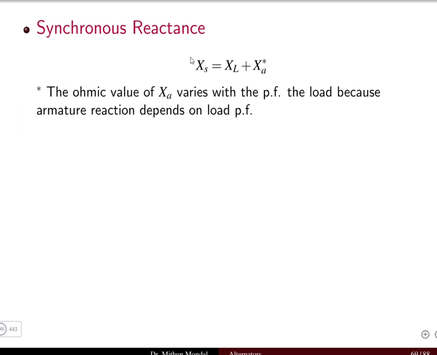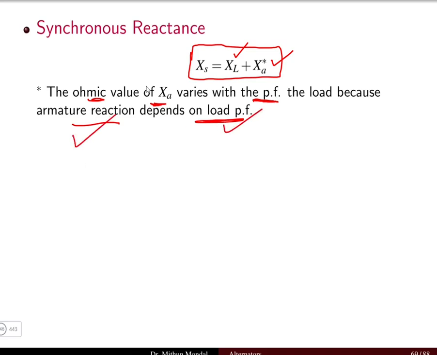So we have seen in the vector diagram that the synchronous reactance is basically the sum of the leakage reactance and the armature reactance. Whereas the armature reactance, the ohmic value, varies with the power factor of the load, because armature reaction depends on the load power factor. So when the load power factor changes, armature reaction changes.